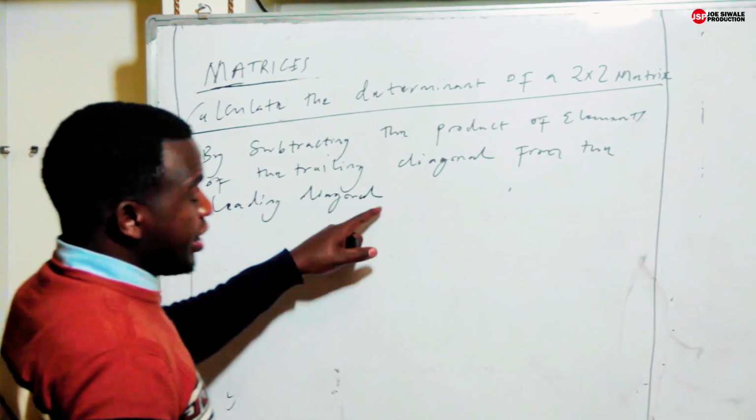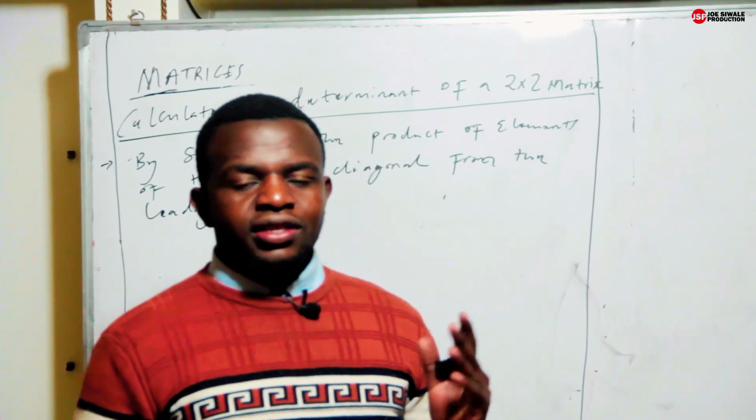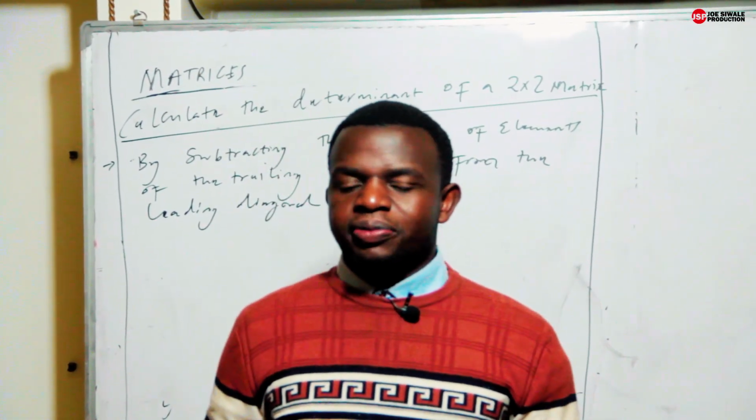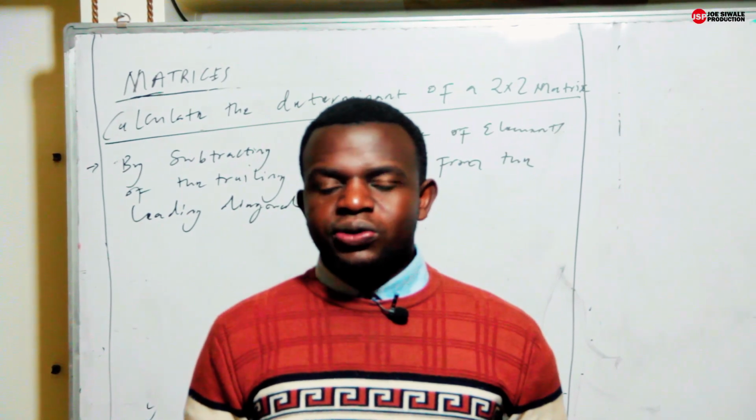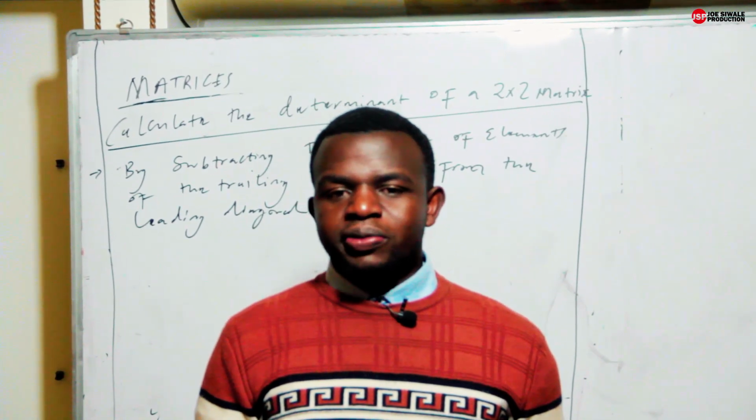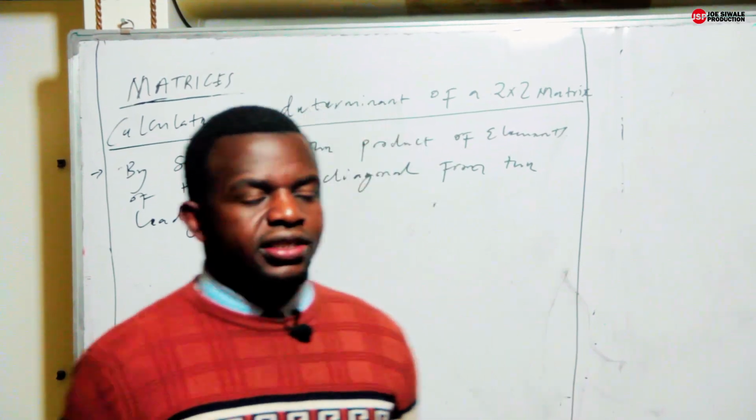And I said that the leading diagonal runs from the top left to the bottom right, and the trailing diagonal runs from the bottom left to the top right.